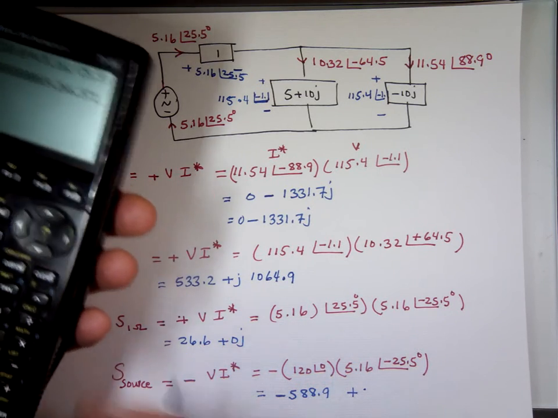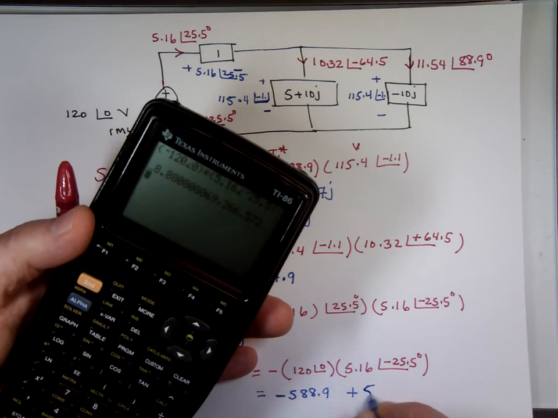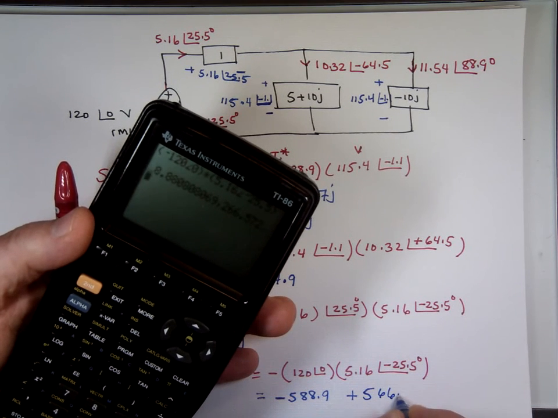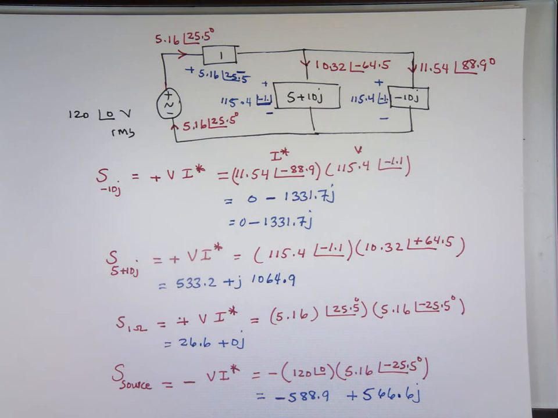VA is the apparent power. 566 point, what was it, 6j? Yeah, I got the right one. Was the book wrong? No, the book was right. I don't know where, either that or you multiply it through with the negative.